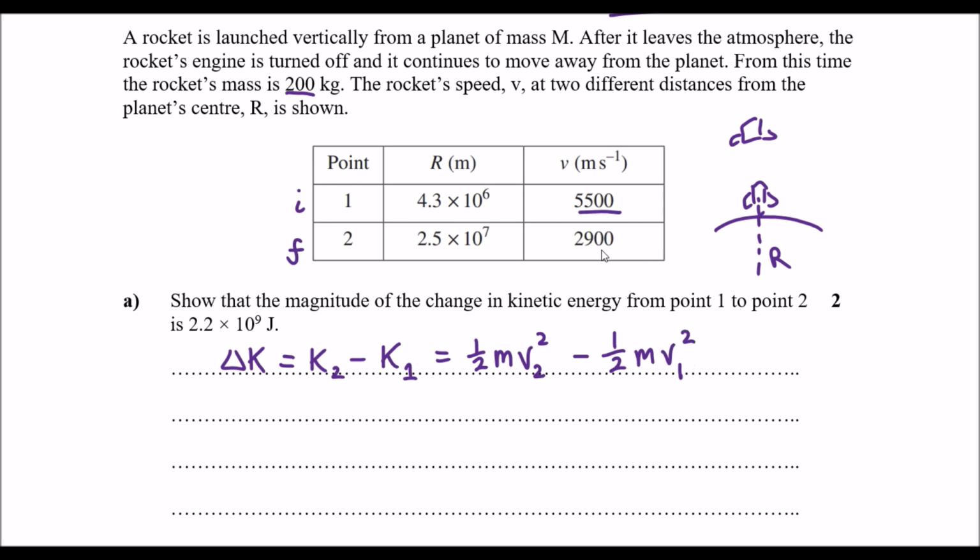So v1 would obviously be the 500,000, and then v2 would be the 2,900. So we just do that writing out there, and then we can do our substitution shortly.